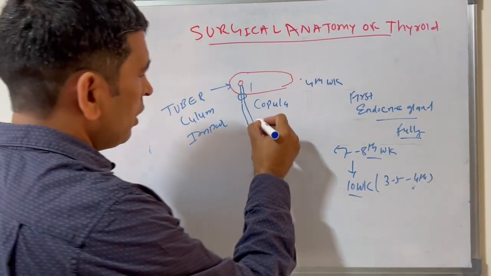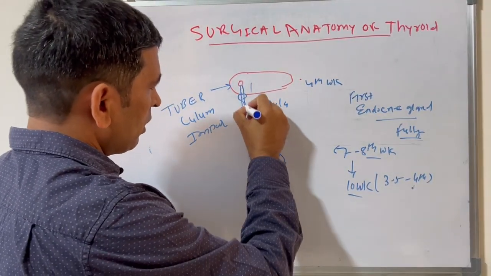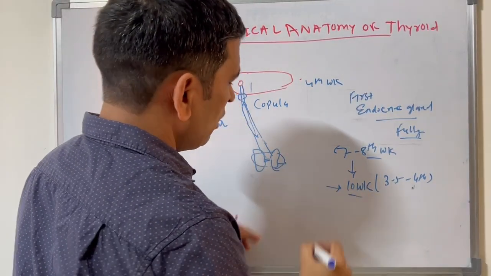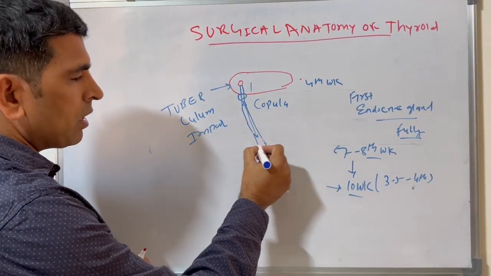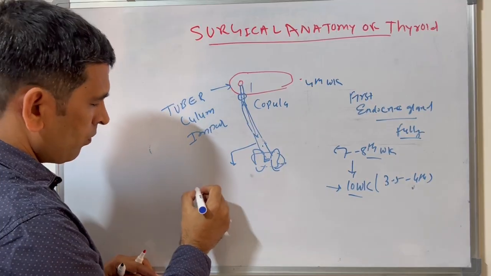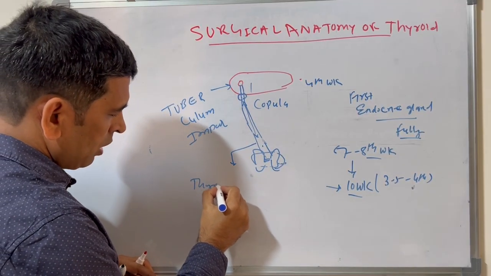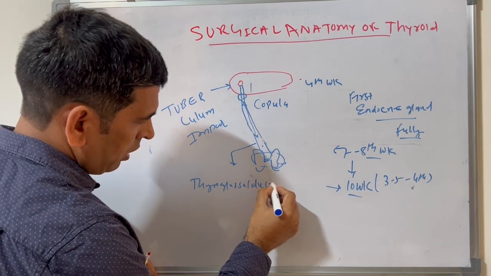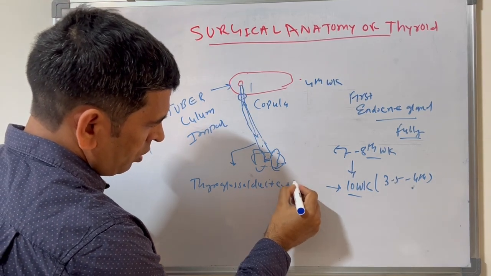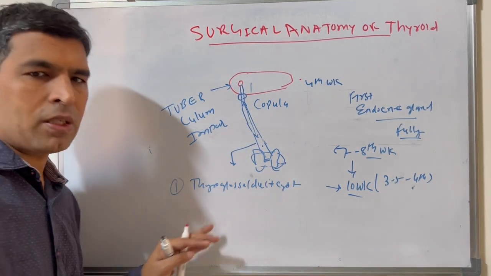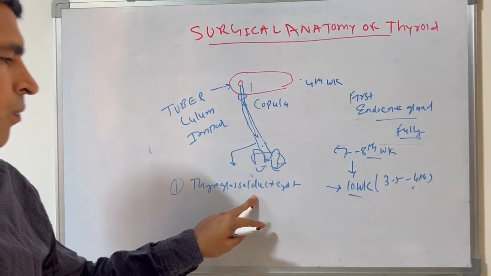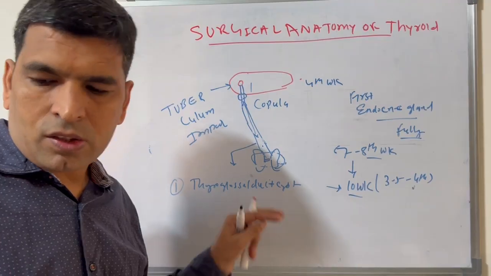Before that, this tract is patent; mostly it disappears by the 10th week. Sometimes the tract remains intact and leads to a thyroglossal duct cyst. So the first clinical application is, if this tract is intact, it leads to a thyroglossal duct cyst.